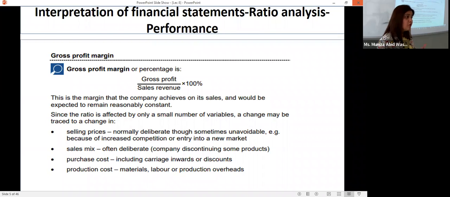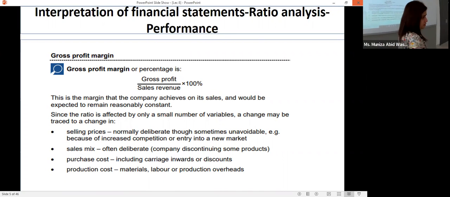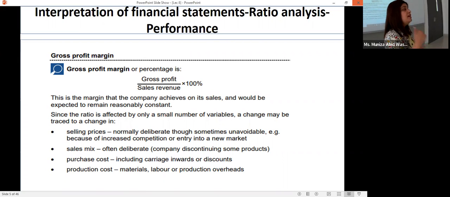So a few of the ratios in regards to performance are covered in your book, but this is not an exhaustive list. There can be more ratios as well. When you are required to calculate or analyze the financial performance of a company, you can use these ratios. But one more thing which you can use is the analysis of the revenue.